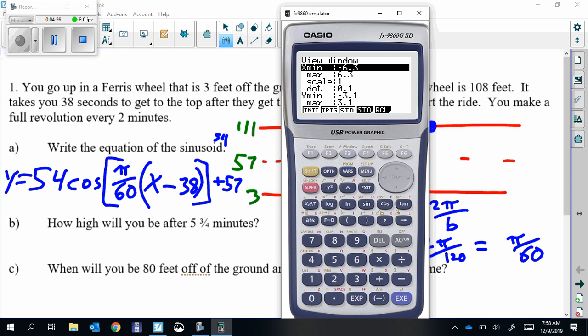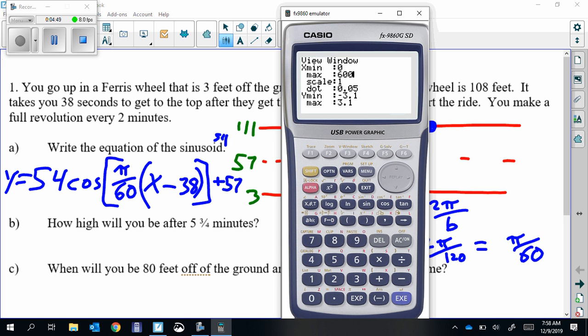Looking at this, I see that our Y's go from like 3 to 111. Our X's might as well start at 0, but it goes out for several minutes. And we did our X's in seconds. So if we went out for, let's say, 10 minutes, that'd be 600 seconds.